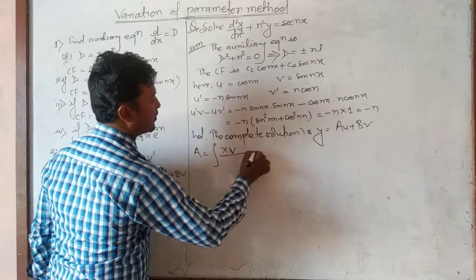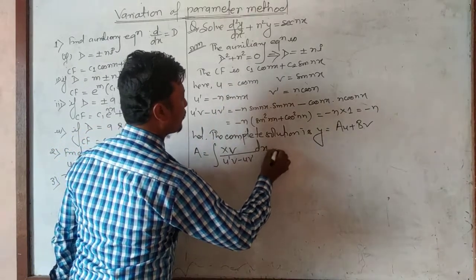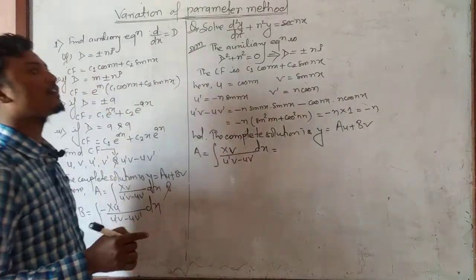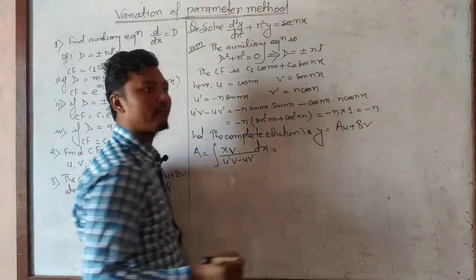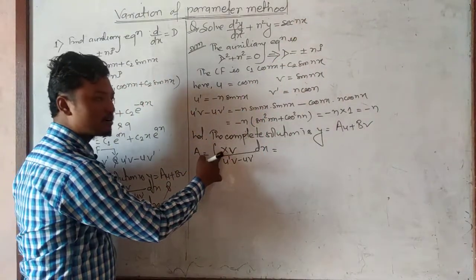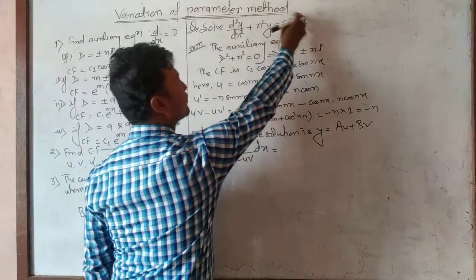So now here a means integration of x v upon u dash v minus u v dash dx, where what is x? X means the function which is on the right side of the equation.